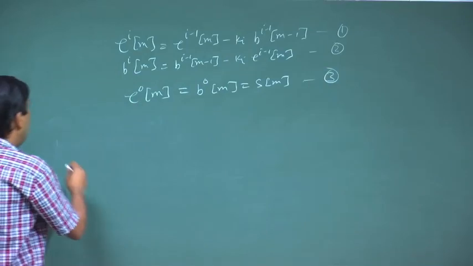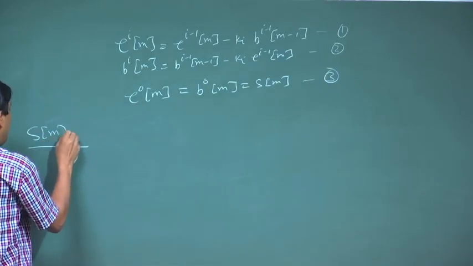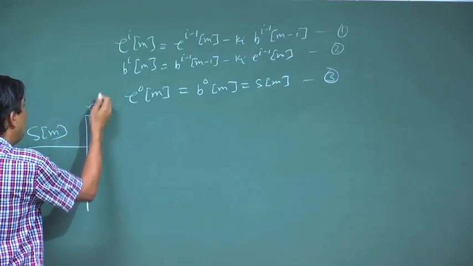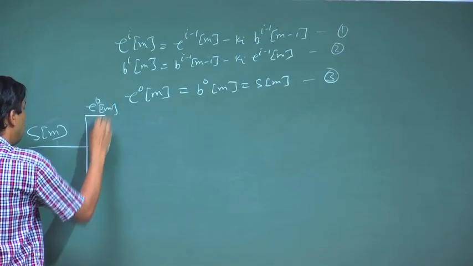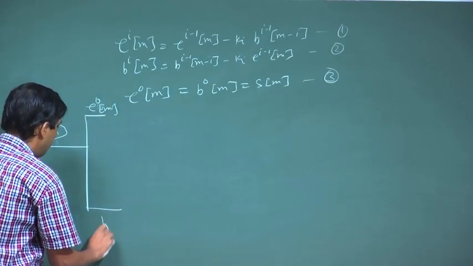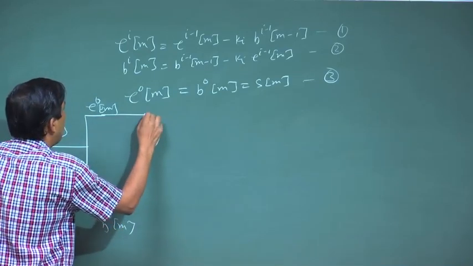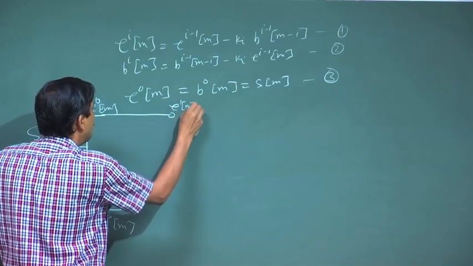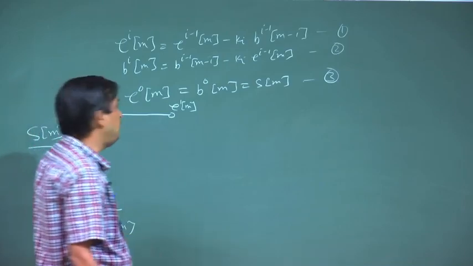If I know sm, that gives me E0m and B0m. Now, I want to find E1m.